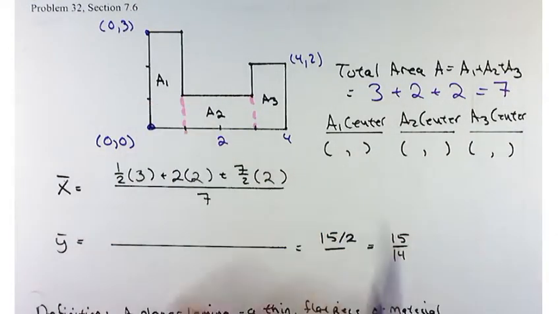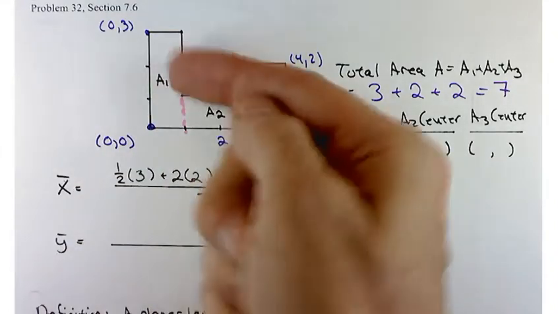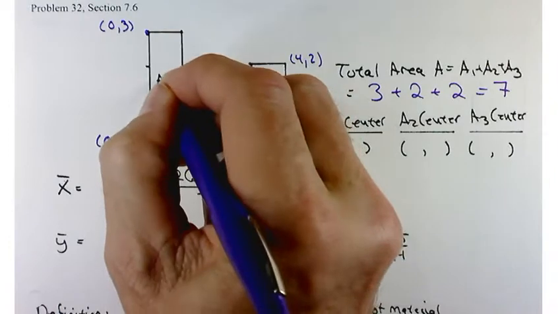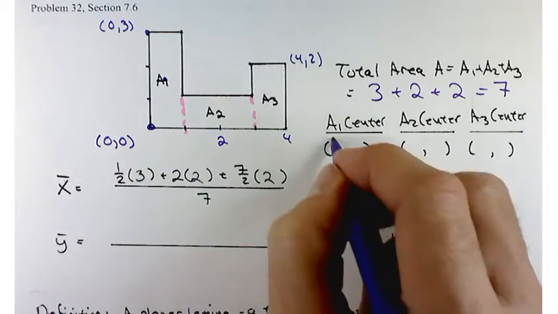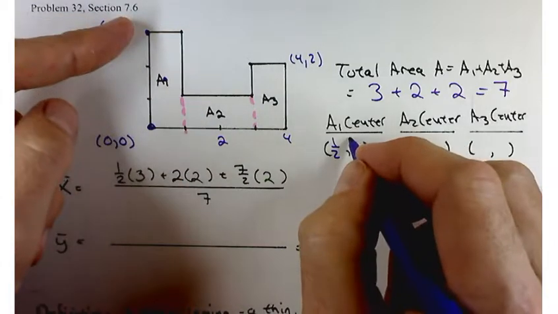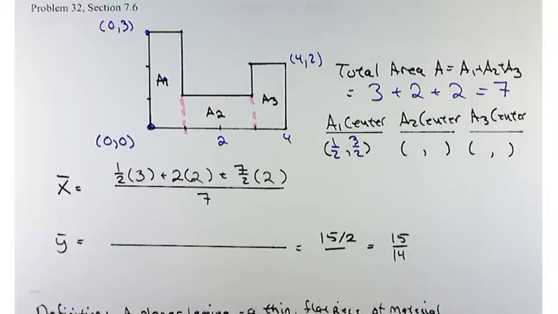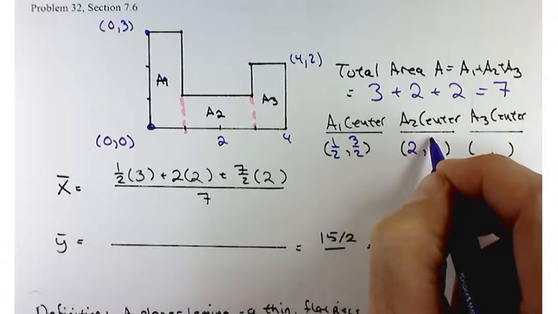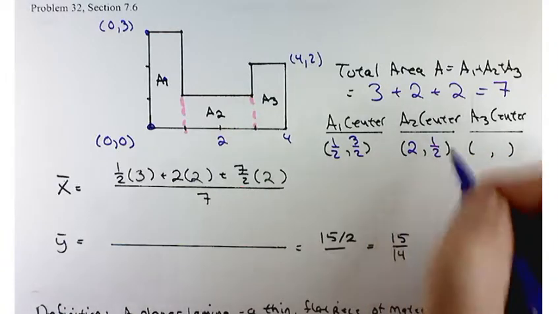Let's figure out where the center is for each of these. If you had to balance A1, where would you put your finger? Underneath what point? Well, 1/2. And what else? Yeah, 1.5, so let's call it 3/2. Now let's do the same thing for A2 and find its center point. 2 and what else? 1/2.